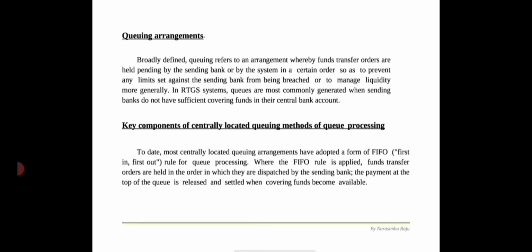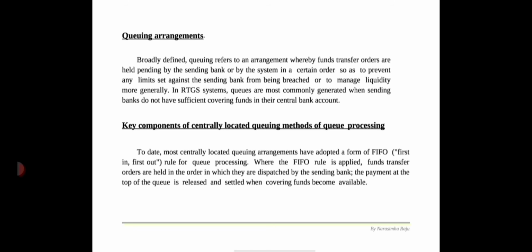In RTGS systems, queuing is most commonly generated when sending banks do not have sufficient covering funds in their central bank accounts. Queuing can also differ according to the management of the queues, that is, how an individual bank's queue is controlled. The management may be carried out by the central bank, or centralized management, or by banks individually.